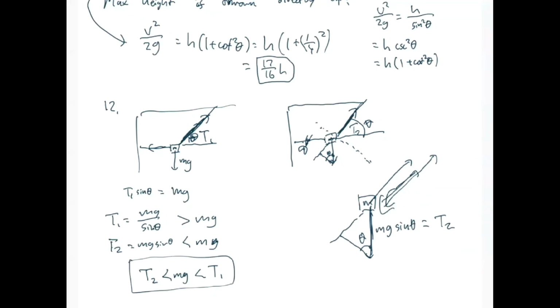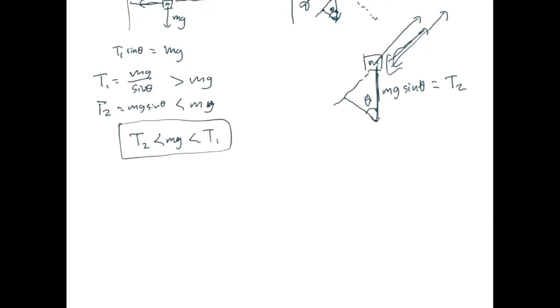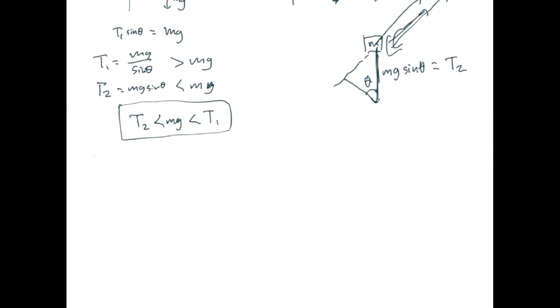All right. Now, let's go on to question 13. Okay. In question 13, we have a box that has some mass and it's sliding on some floor that has friction.